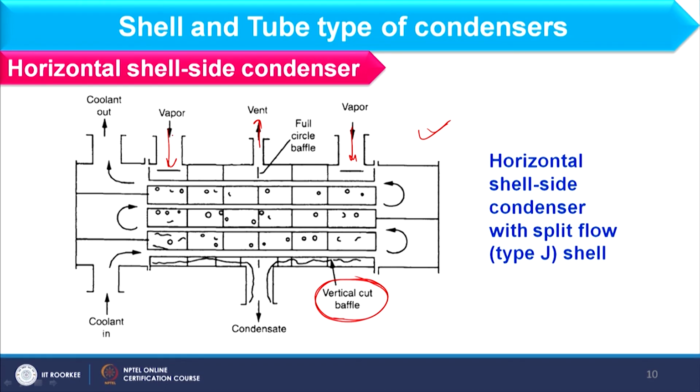This type of shell, where vapor enters from two sides and condensate exits from one side, we call a split flow or J type shell. In a horizontal shell side condenser, mostly we use a TEMA E shell, but sometimes we also use a TEMA J shell, as shown in this image.